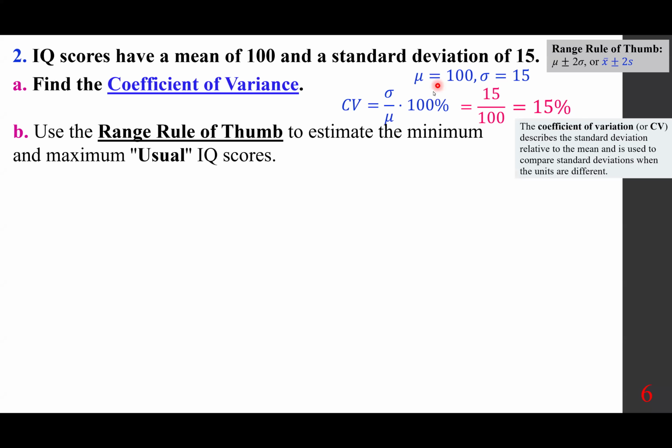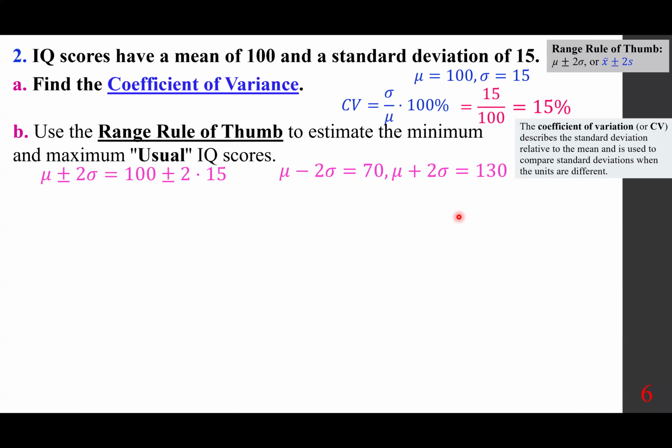You start from the mean. 2 times the standard deviation 15 is 30. So you go 100 plus 2 times 15, also 100 minus 2 times 15. So mu minus 2 sigma is 100 minus 30, or 70, and plus 2 sigma is 130.